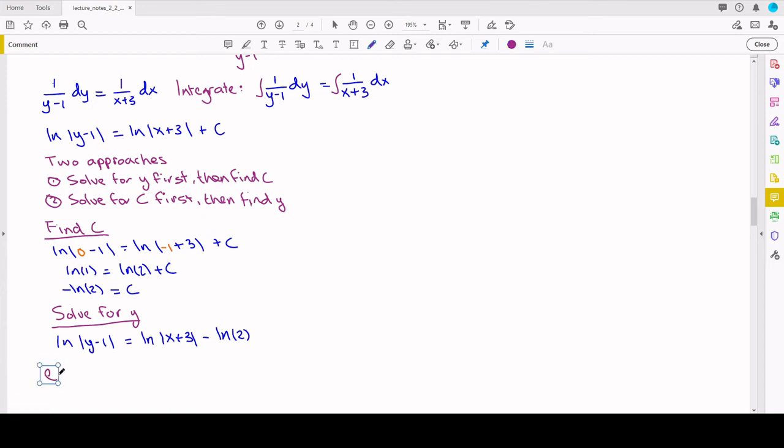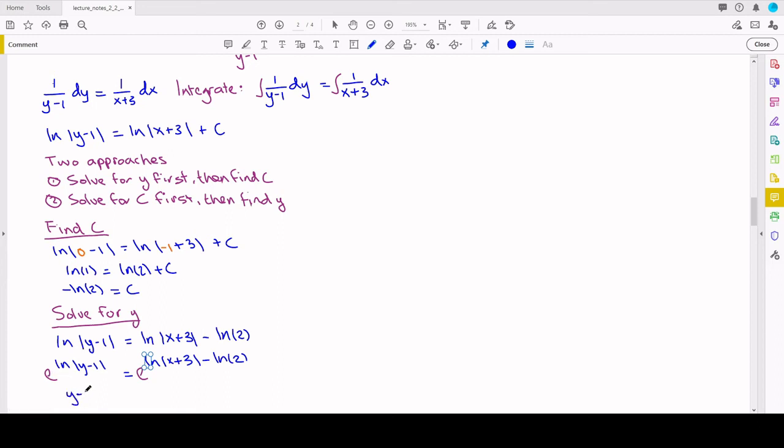So I'm going to take e, and then I'm going to copy down what I have on the left. So e to the power ln of y minus 1 equals, and then I have e to the power ln of x plus 3 minus ln of 2. And the e and the ln cancel each other out.